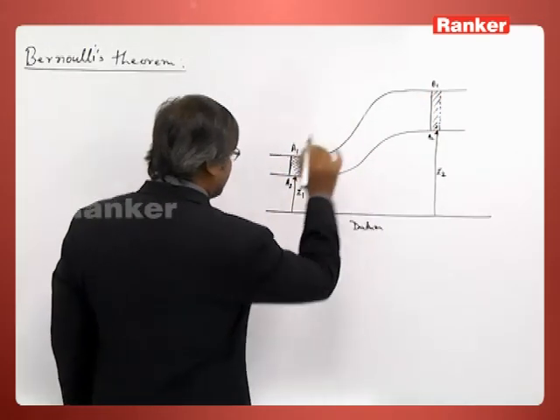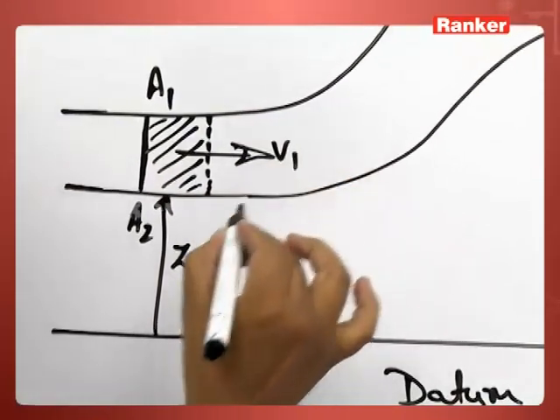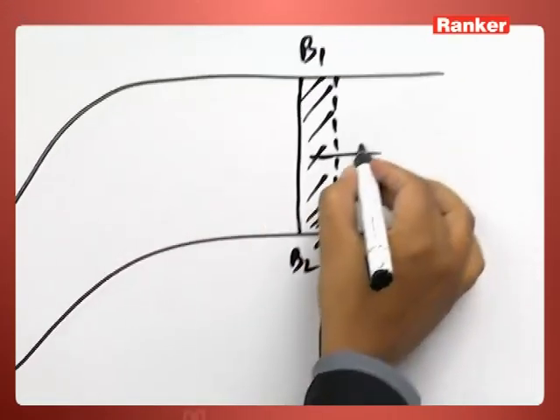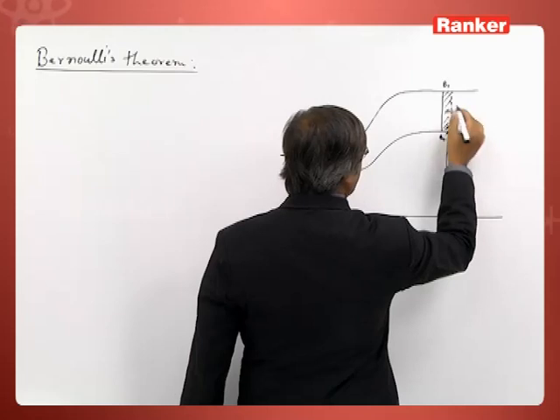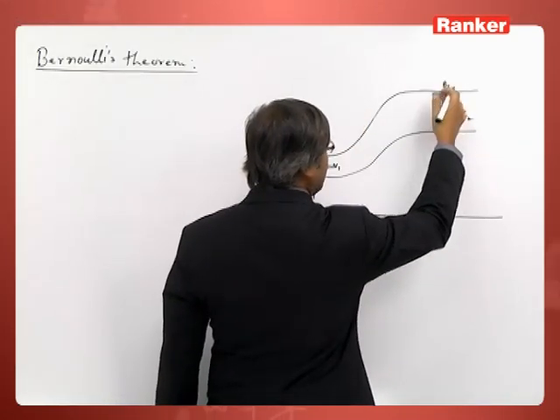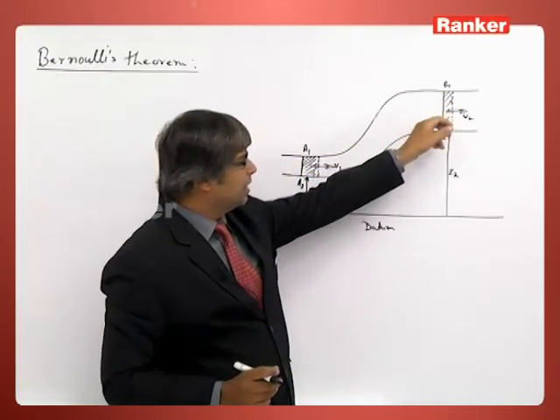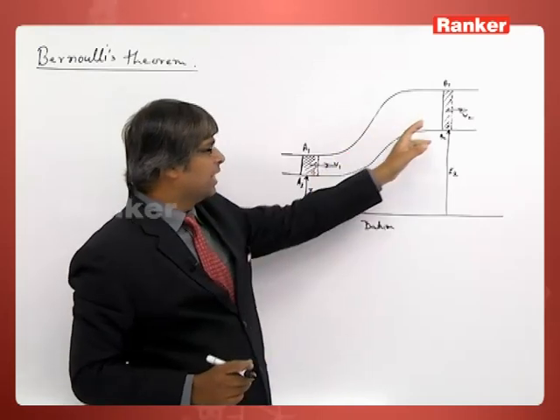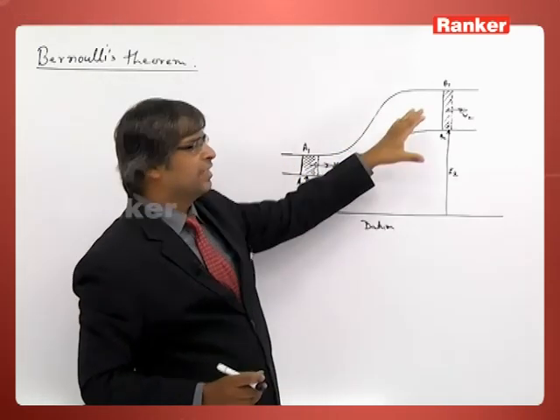So now let us assume that here the average velocity is V1 and the average velocity, so average means average over the space, is V2. So V1 and V2, so that if there is a small difference, then that can be compensated. Here area of cross section is A1 and here A2.